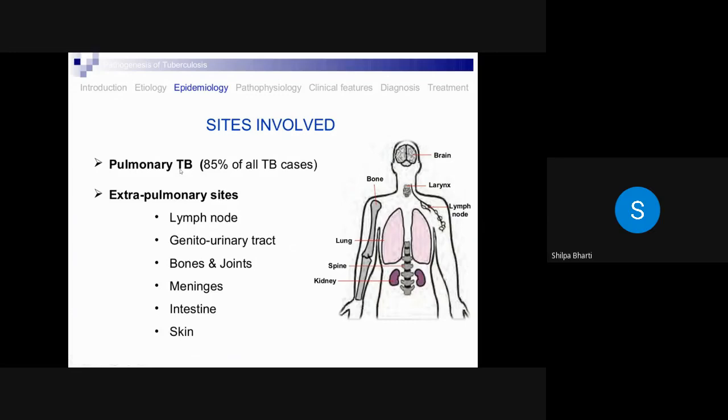As I have told you, the tuberculosis bacteria can infect other body parts, other organs as well. But primarily it infects the lungs. So in 85% of all the tuberculosis cases it infects the lungs, and we call it pulmonary tuberculosis in those cases.